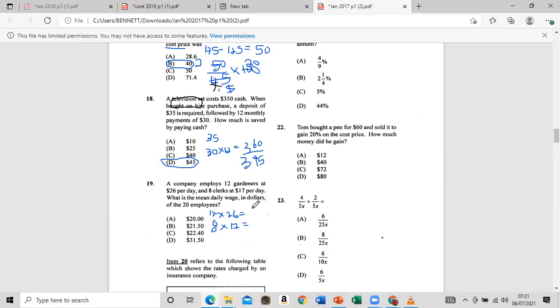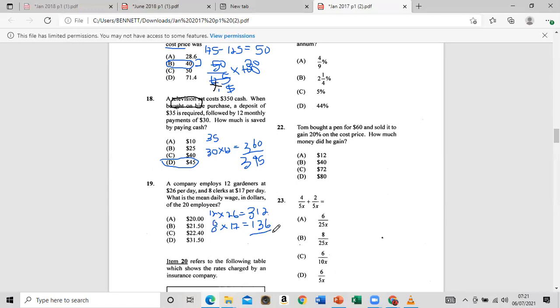312. All right, so this works out to 312, and we get 756. And 36, so this is 136.